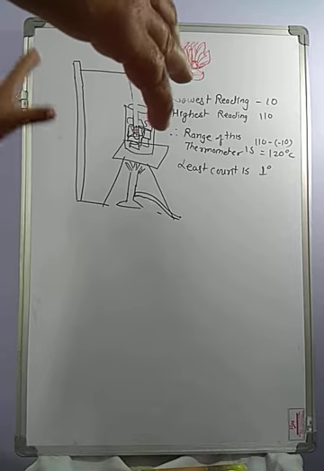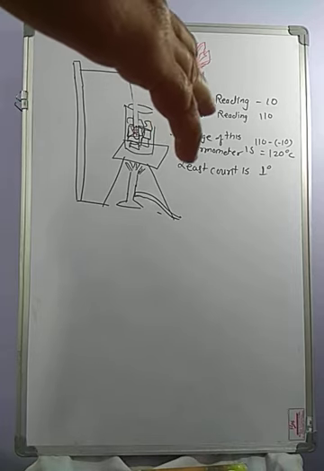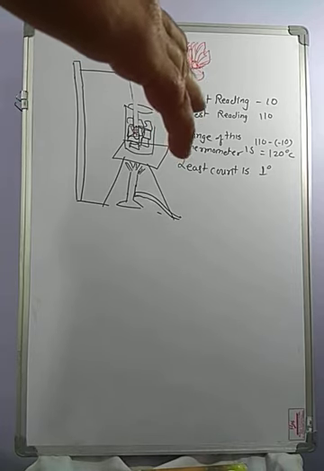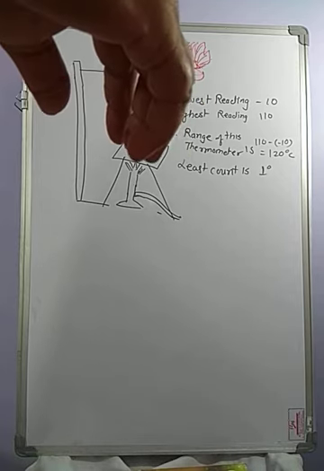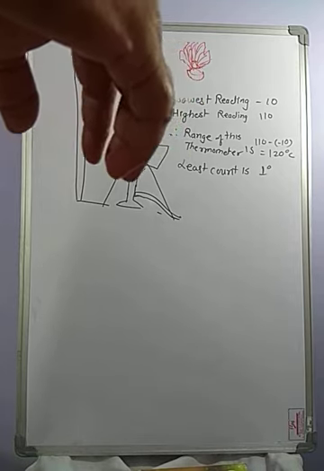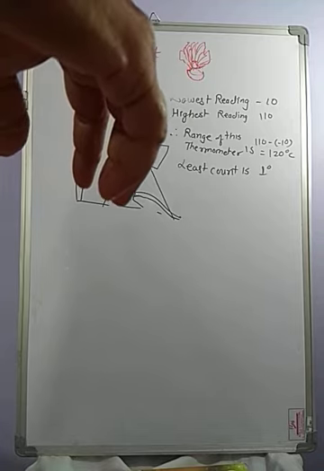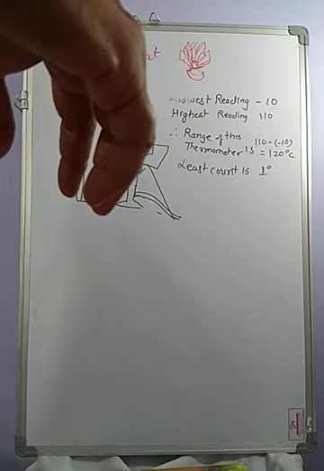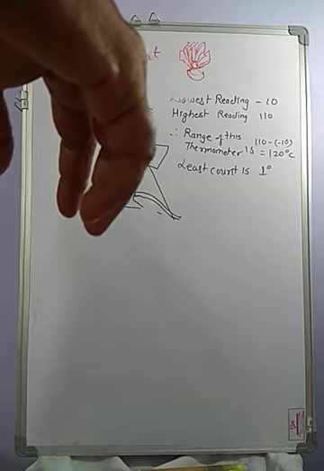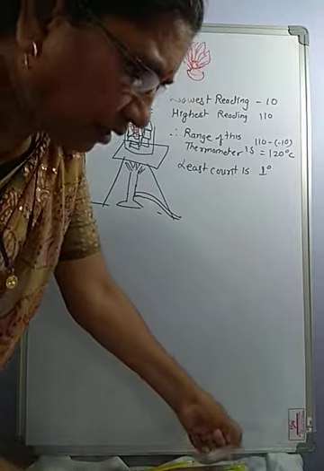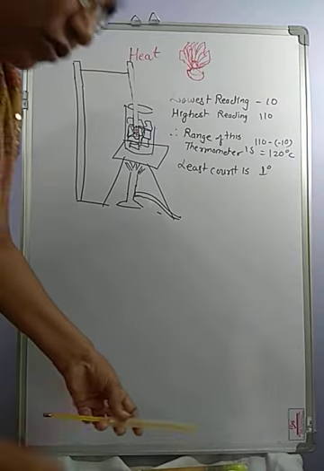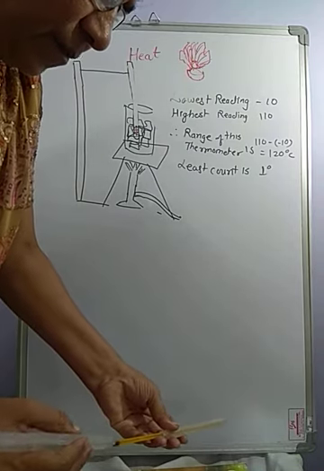So this property depends on mass, and therefore heat per unit mass is the unit of latent heat. Heat is measured in joules or calories, so joules or calories per unit mass is the unit of latent heat.